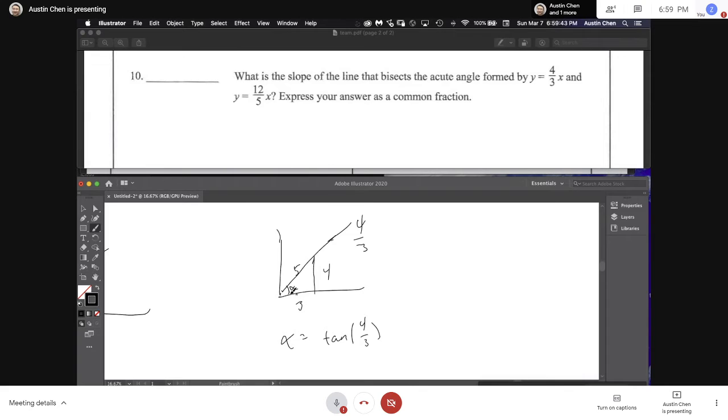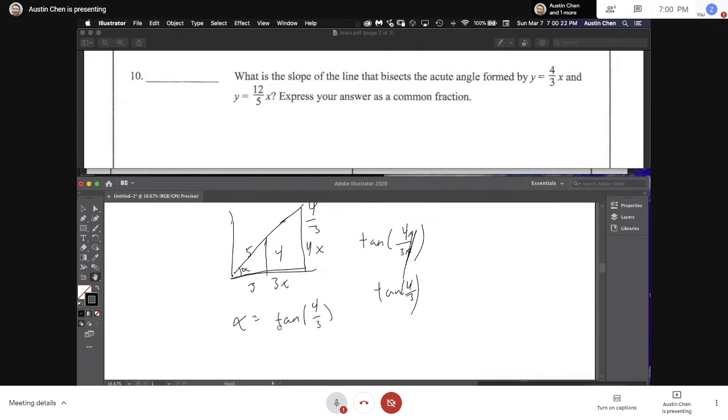I took this as you go right 3 and up 4, but more technically correct would be saying you go 3 times x in the rightward direction, and then you would have to go 4 times x in the upward direction. That's what our 4/3 slope is saying. So alpha more generally would be the tangent of 4x over 3x, but you can see that the x cancels, so it's always going to be the tangent of 4/3.